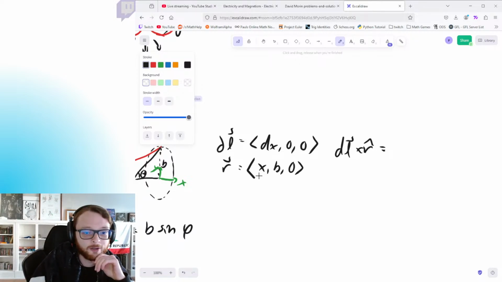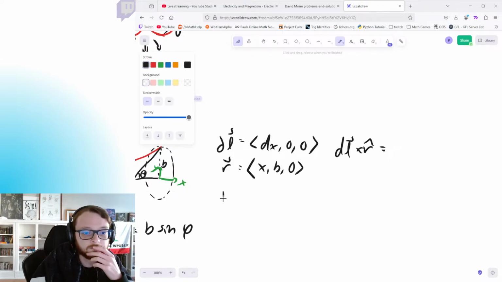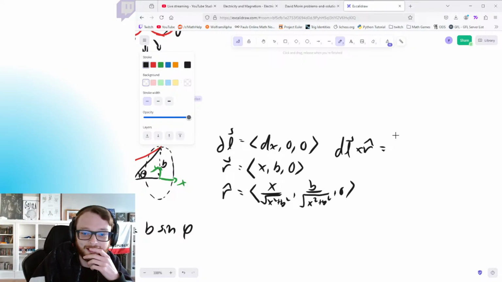Oh, this is not a unit vector. Right, you'd have to divide it by the square root of x squared plus b squared. This feels like overkill, but I really don't know. I don't mind. I like to see it. Okay.